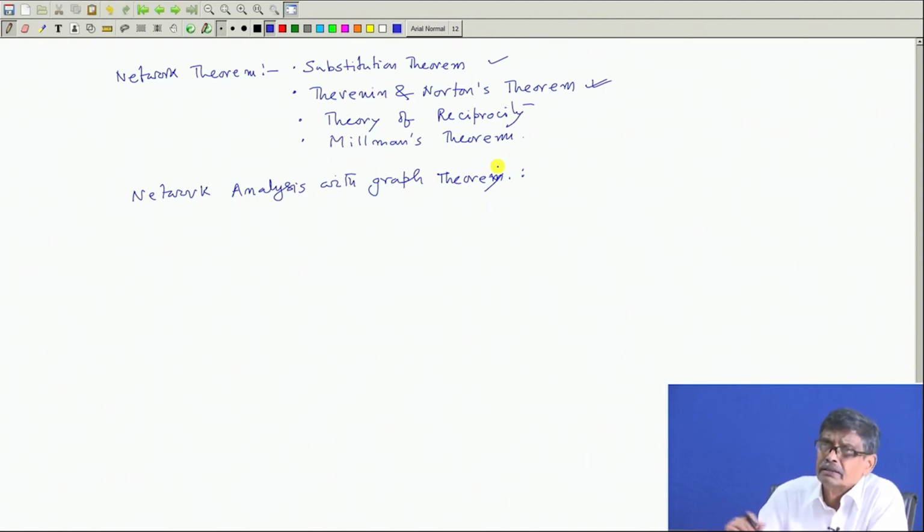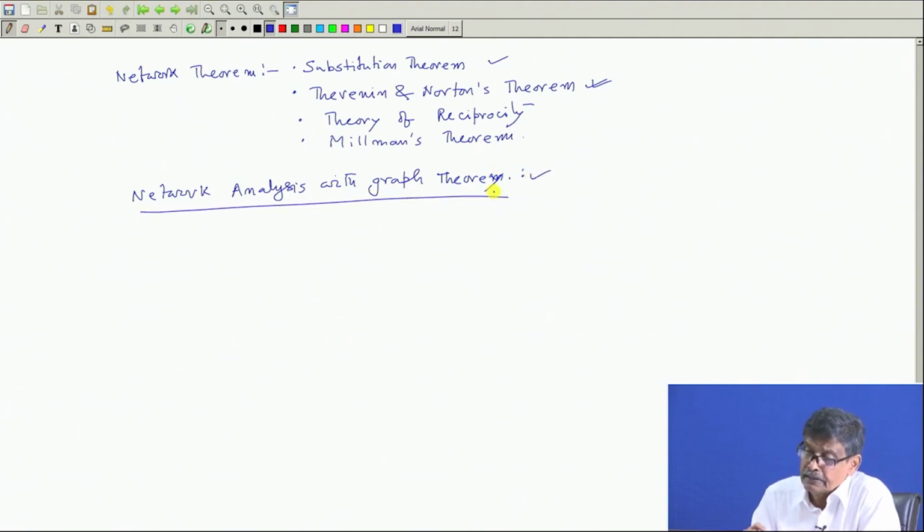Here also several theorems like cut-set matrix we have considered. So, go through that part also. Then after that we have done two-port networks.